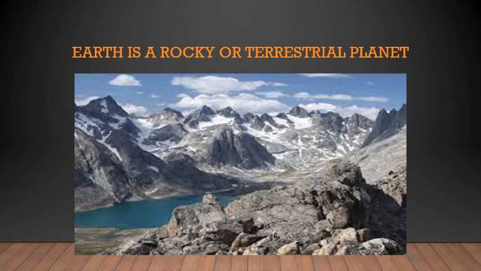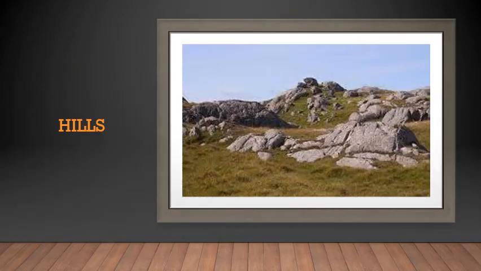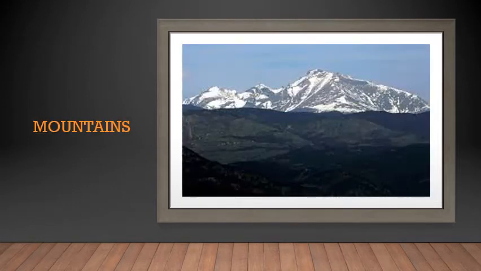So Earth is a rocky or a terrestrial planet. It is mostly covered completely by rocks. We see rocks all around us. In hills, you can see the hills covered with rocks. Then huge mountains are just completely single rocks or different rocks standing together.